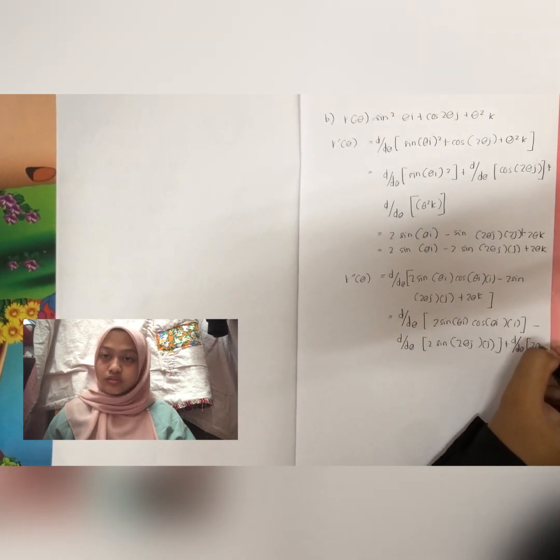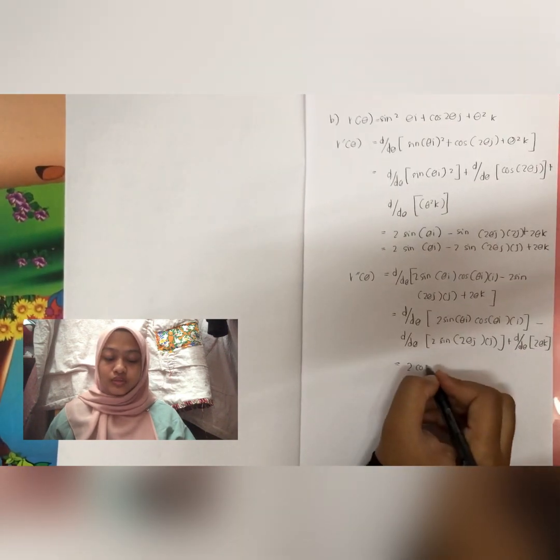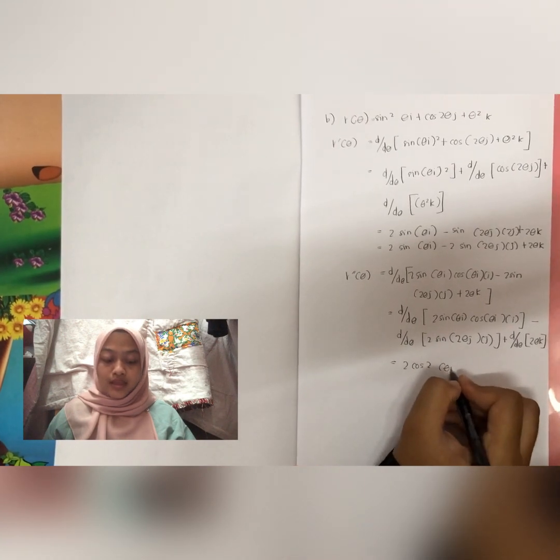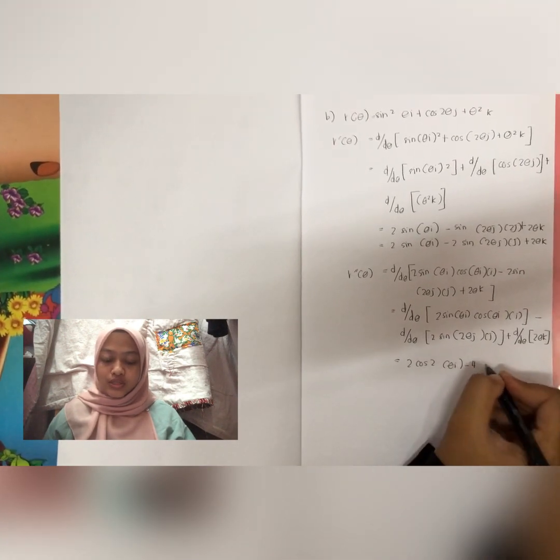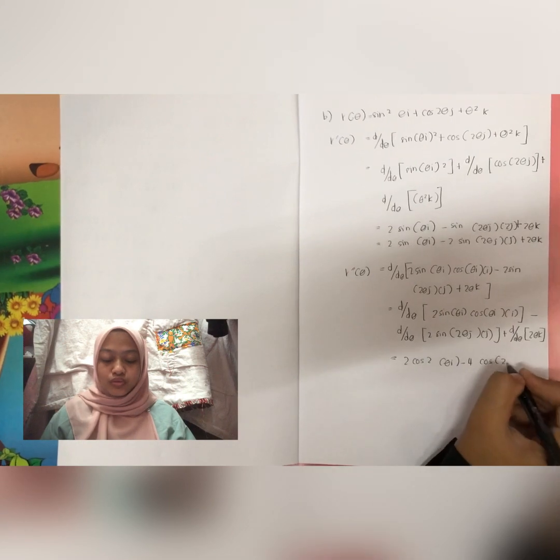So the solution will be 2 cos 2 theta i minus 4 cos 2 theta j plus 2k.